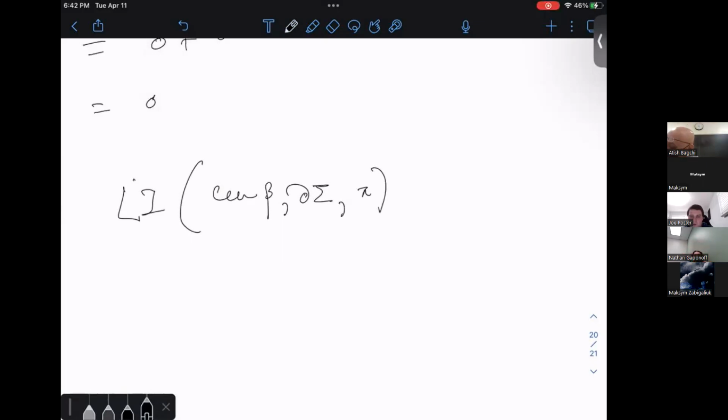But the parameterization is easy. The parameterization will be x is equal to r cosine theta, y is equal to r sine theta, and z is equal to 0, because it's in the plane. So we just use polar coordinates.